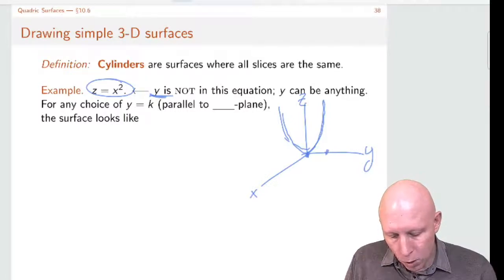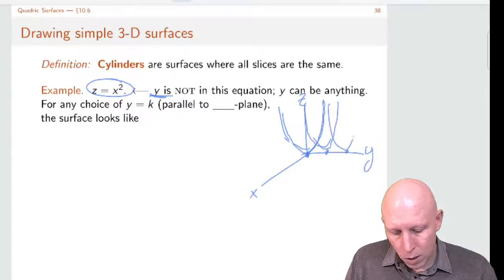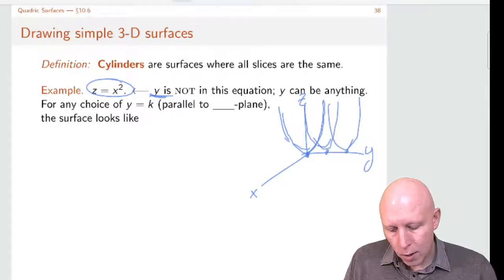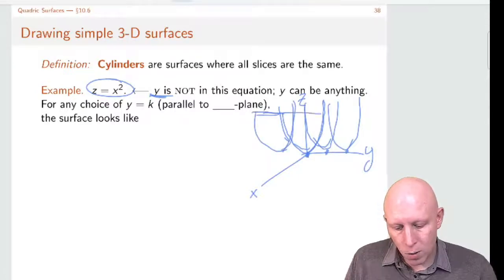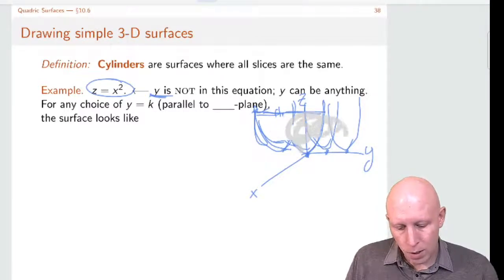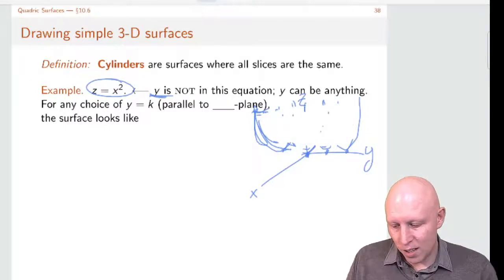When y is equal to 1, it looks like that. When y is equal to 2, it looks like that. And really when y is equal to anything, it looks like that. And so what we get is a half pipe looking thing, like if we were going to go surfing or snowboarding at the snow park.